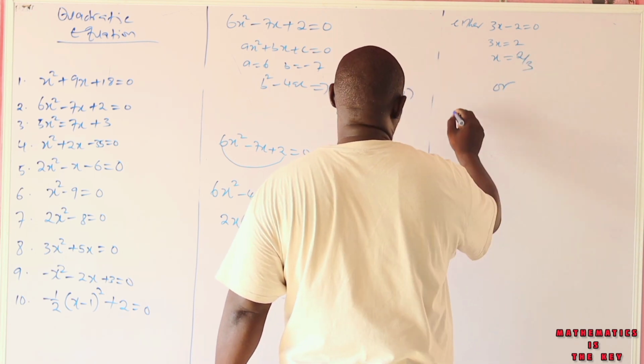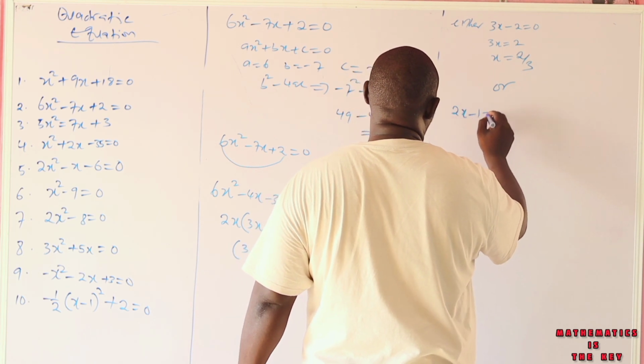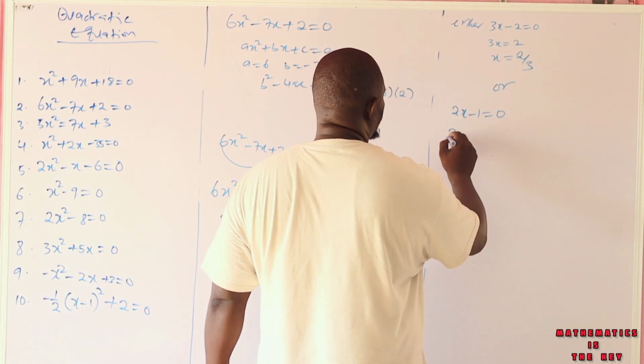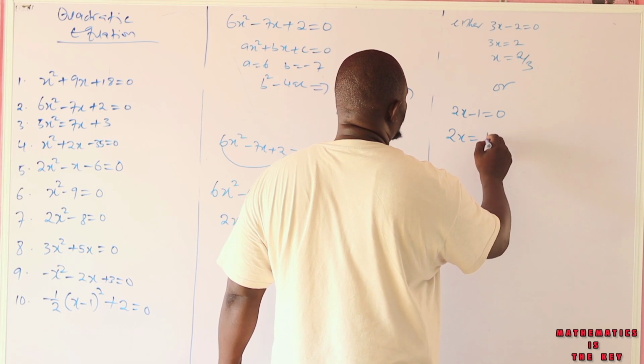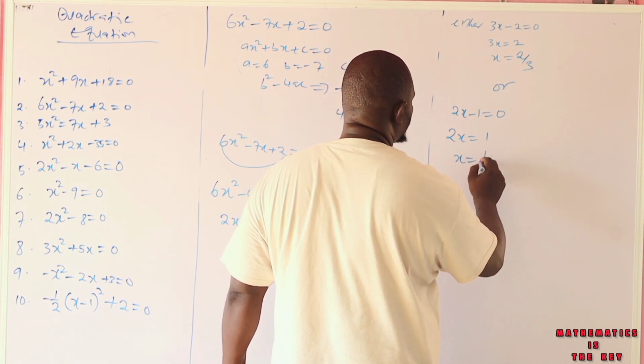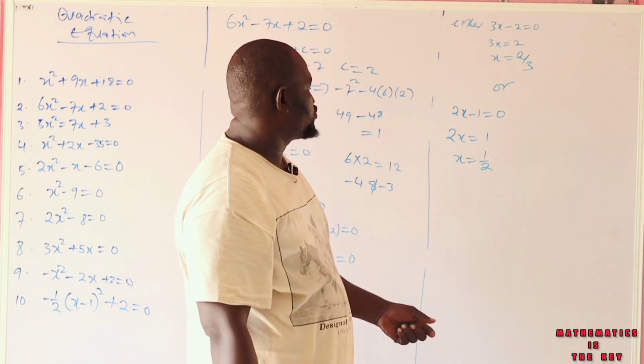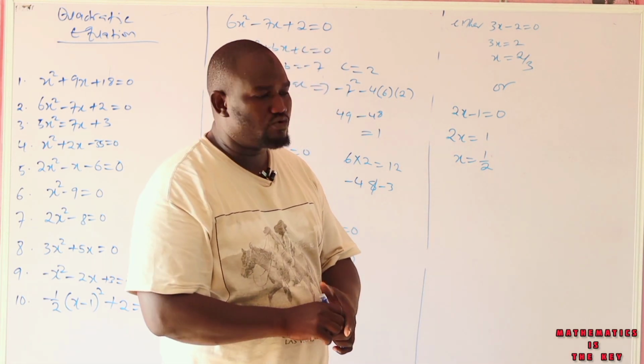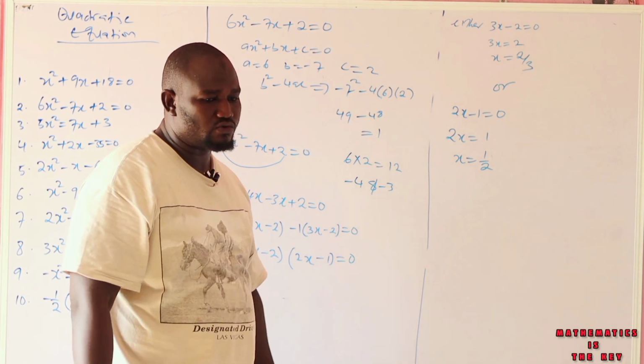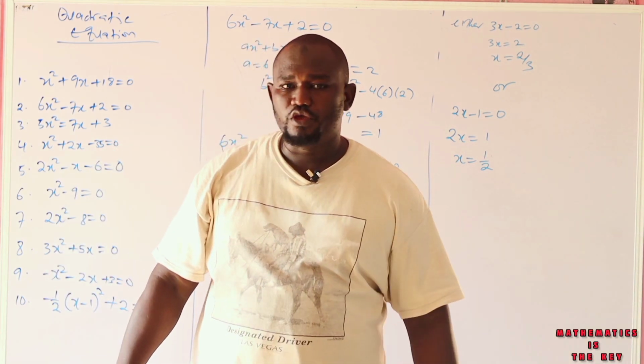Or we have 2x minus 1 is equal to 0. Simplifying, we have 2x is equal to 1. Dividing both sides by 2, that gives us x is equal to 1 over 2. So 2 over 3 and 1 over 2 are the solutions to 6x squared minus 7x plus 2 is equal to 0.